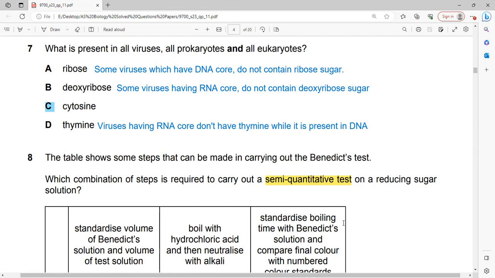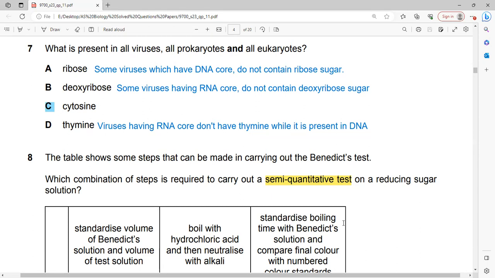What about the viruses? These viruses contain either RNA or DNA. So the ribose, some viruses contain DNA, so the ribose sugar is not present in that. They contain deoxyribose sugar. What about some viruses that contain only RNA, or these are retroviruses? So they do not contain deoxyribose sugar. What about the thymine?